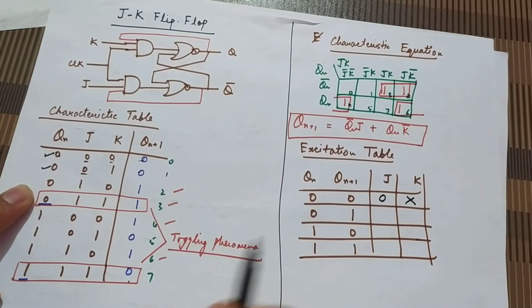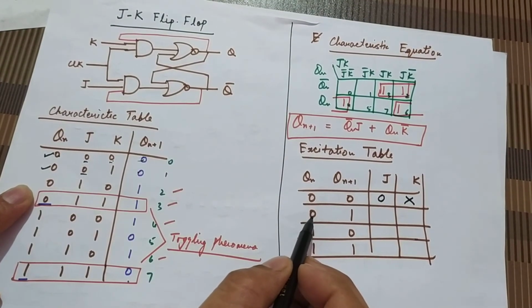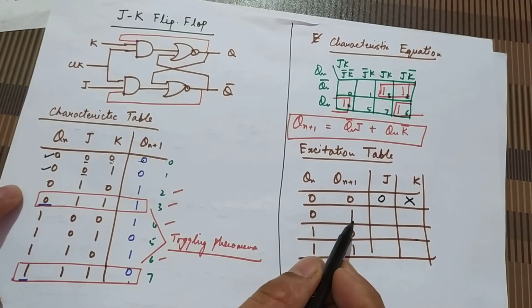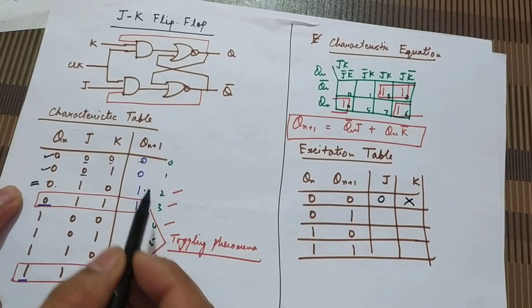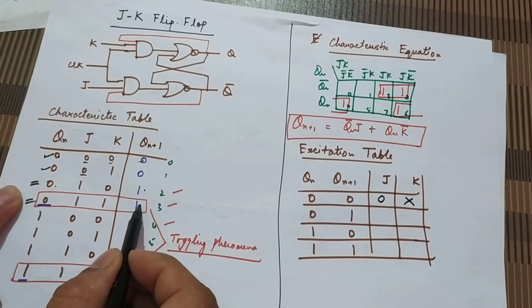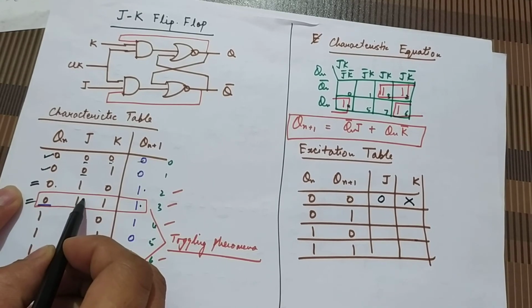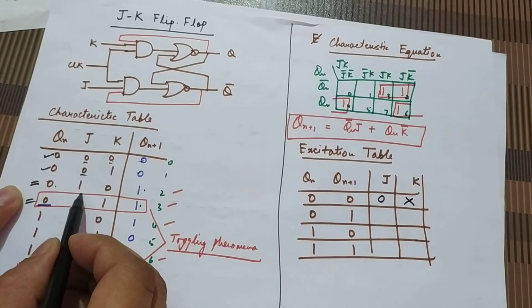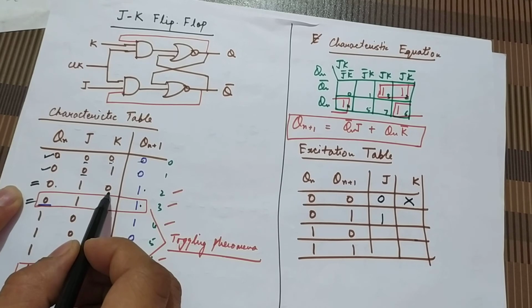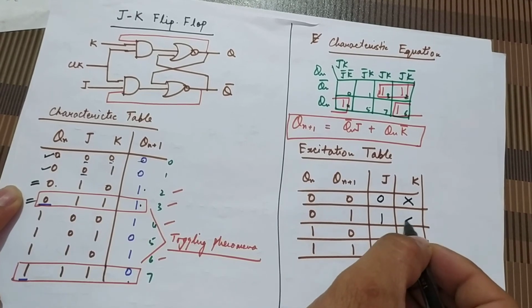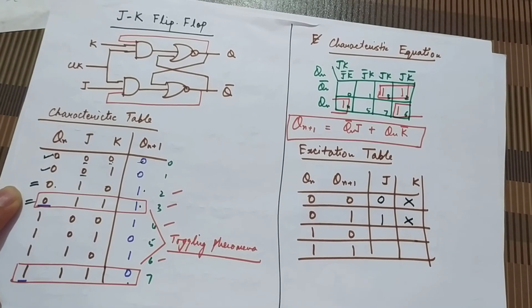Now we look out for present state 0 and next state 1, present state 0, next state 1, present state 0, next state 1. In this condition the value of J is 1, so we will write J as 1. The value of K changes from 0 to 1, so we will apply a don't care condition.